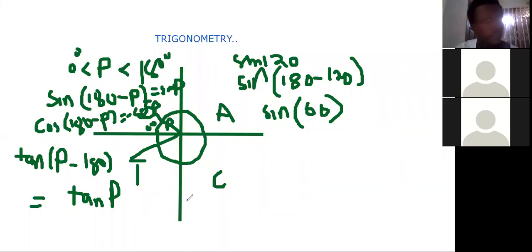Now let's check the cos. The cos will be the same thing. So here, the angle P should be greater than 270 but less than 360.